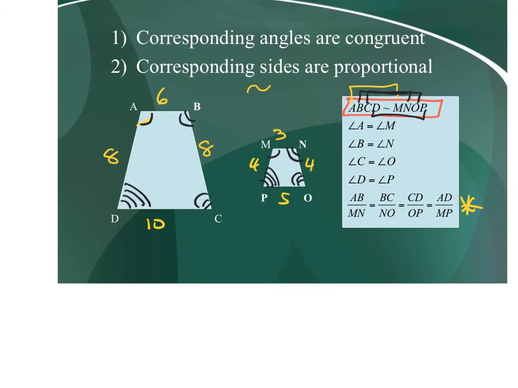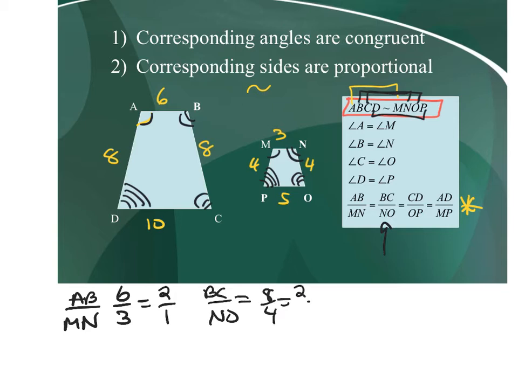If I take side AB over MN, AB is 6 over 3, 2 to 1. Then BC over NO gives me 8 over 4, which again is 2 to 1. Then CD to OP, CD is 10, OP is 5, again 2 to 1.